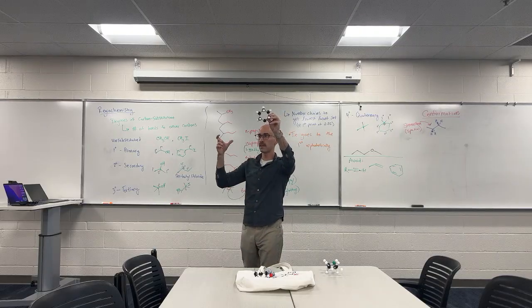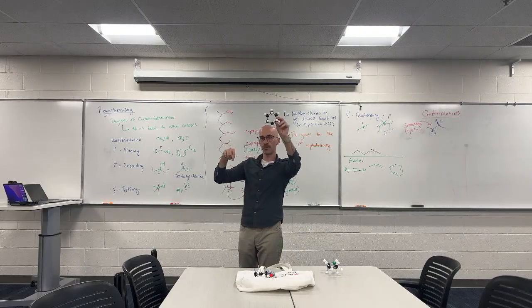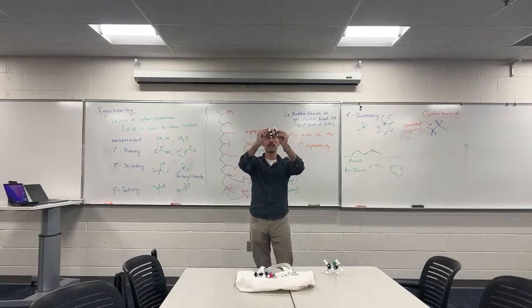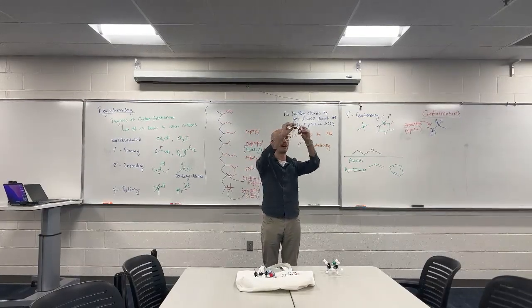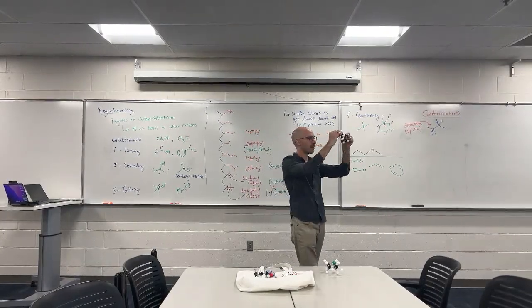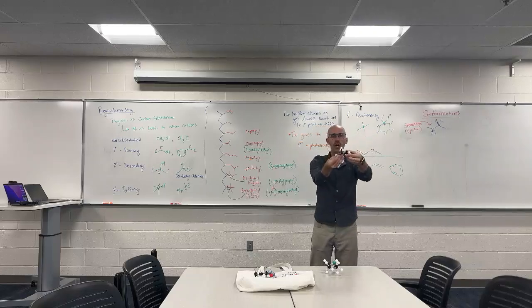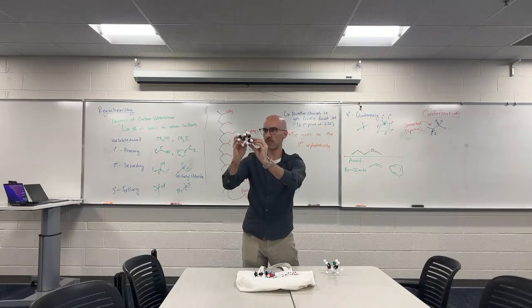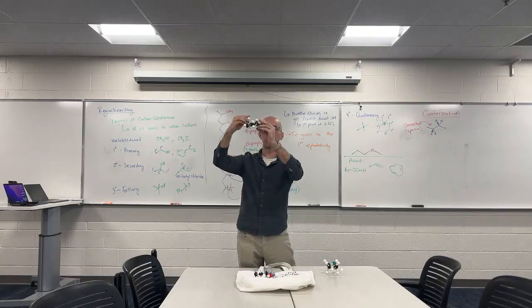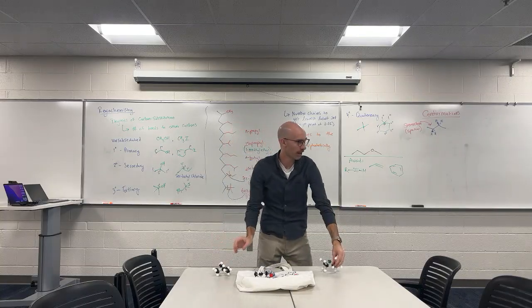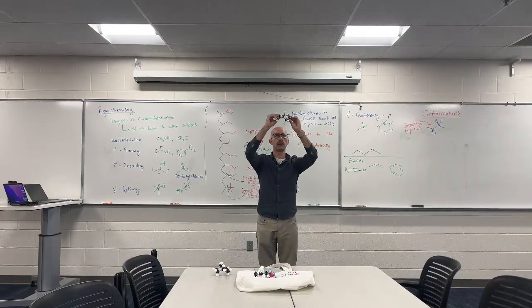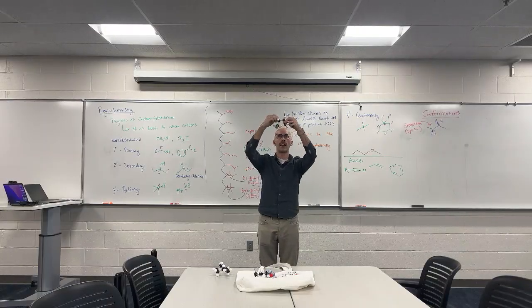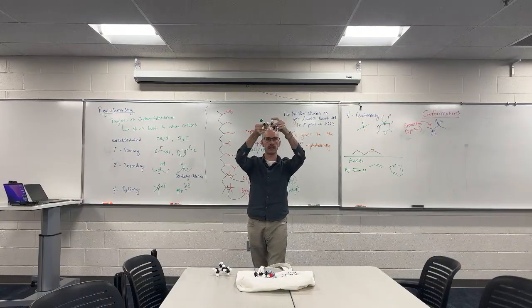It literally has lost a degree of freedom by being in a ring. It's able to still move around and bounce into weird shapes, but it's not able to go completely around. It gets limited at a certain point before it just bounces back in the other direction. Whereas your linear chains, these just spin around as much as they want to, endlessly.